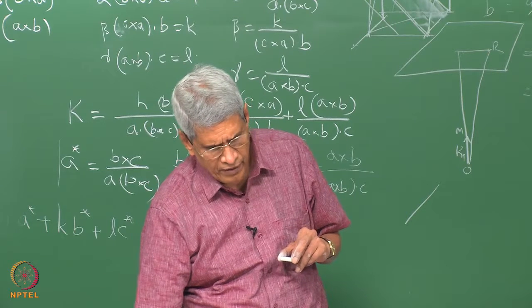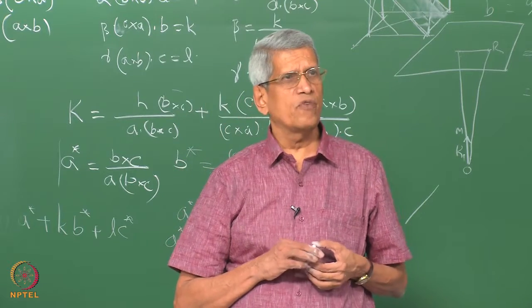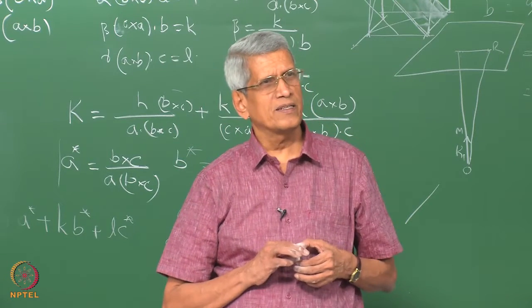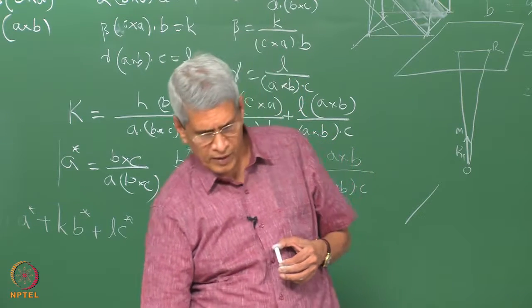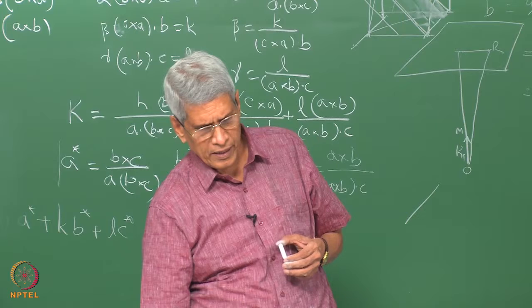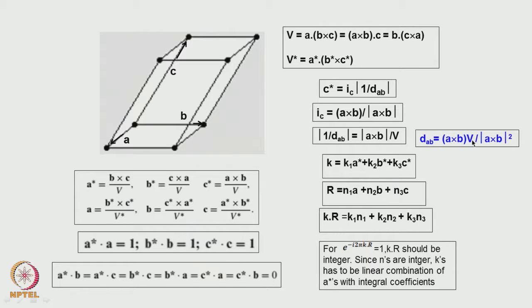Similarly, how will you find the interplanar distance in vector notation? This will be AB into V, divided by A cross B the whole square. That is how it will turn out to be.